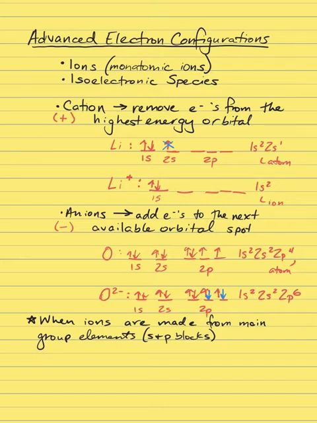We know how to make ions based on the position on the periodic table. So when ions are made from main group elements, they end up having the same electron configurations as a noble gas.